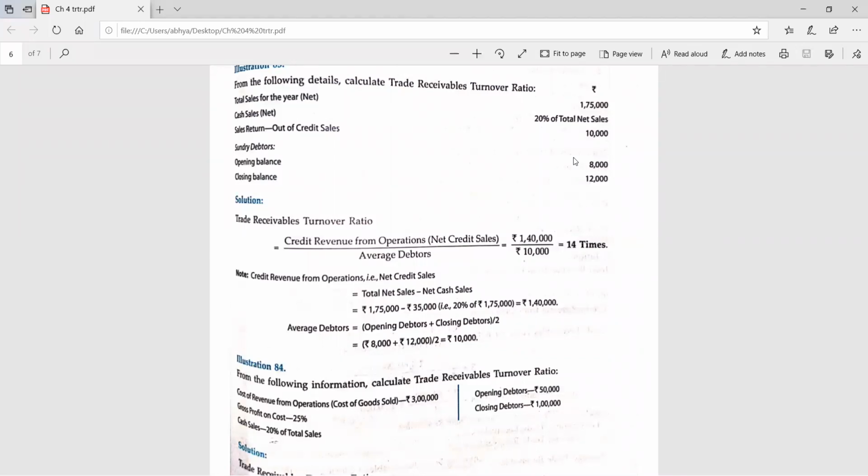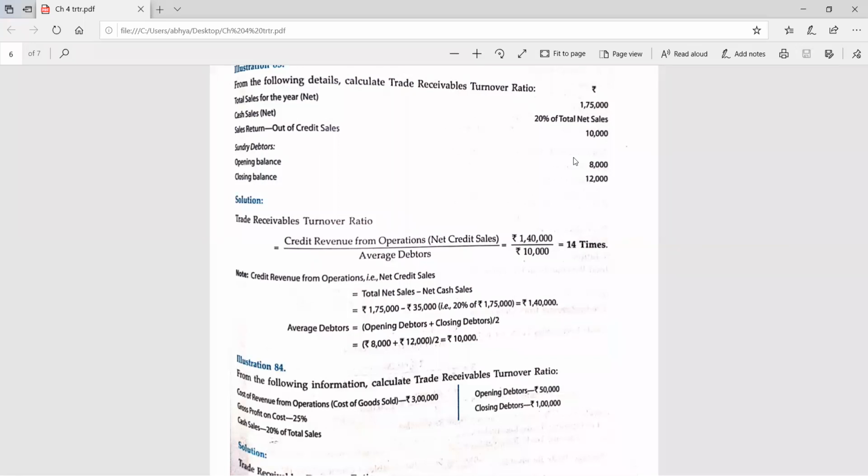What is the sale formula? Revenue from operations is equal to COGS plus gross profit. Or you can put the values in the same cost of revenue from operations formula which we have done earlier. Cost of revenue from operations is equal to net sales minus GP.